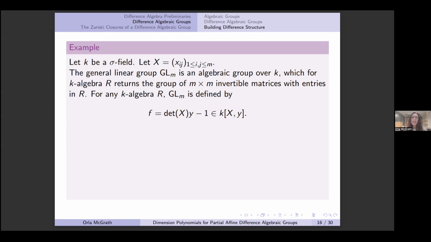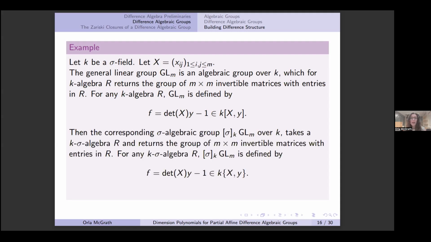And we can say it's defined by this polynomial where we set that the determinant of the matrix has an inverse. Well, then when we look at the difference algebraic group that we get from this, it now takes a difference algebra and returns the set of invertible matrices with entries in this difference algebra. So it's defined by the exact same polynomial, but now we're considering it as a difference polynomial.